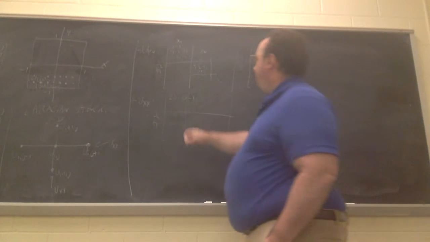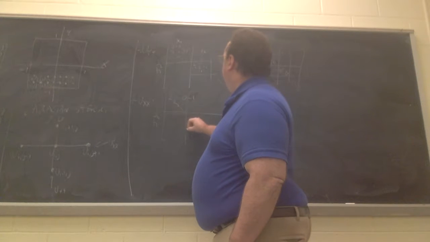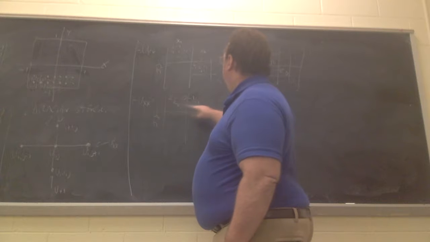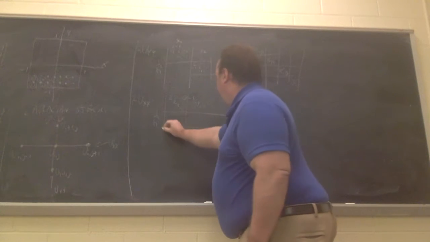Similarly, if I go to the next row, there'll be a 2 on the diagonal and then -1's n points away.